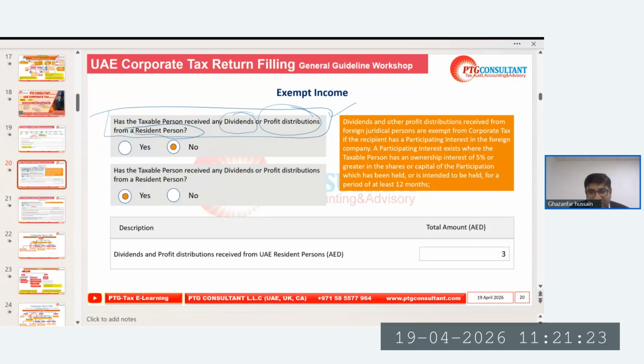If anybody would like to clarify, what was our learning in the previous session regarding the exempt income, which we discussed in the first session?